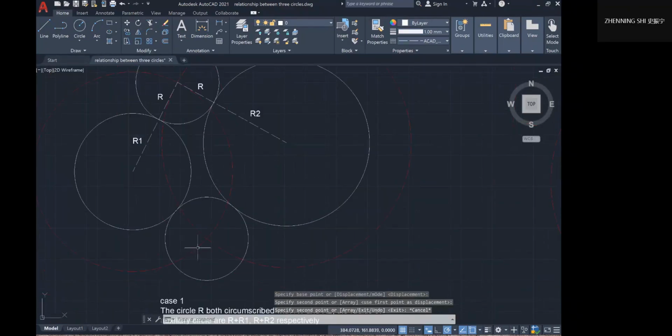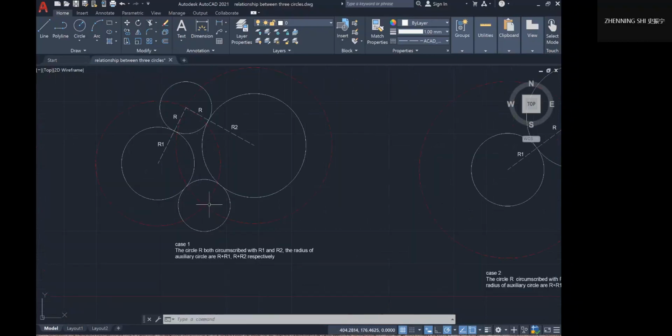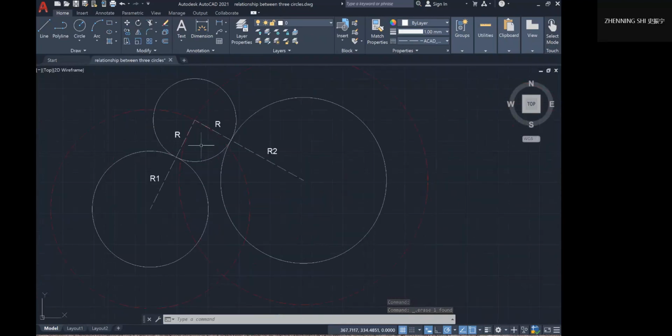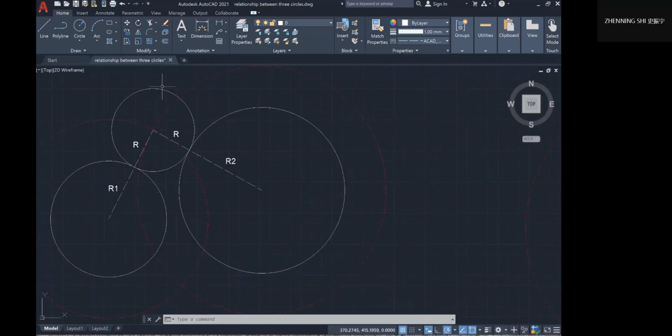You can see this position is also a valid position for R. Which one we need depends on the shape that you want to draw. You have to keep one and delete the other one. Okay, that is how to draw a circle that is circumscribed with both R1 and R2.